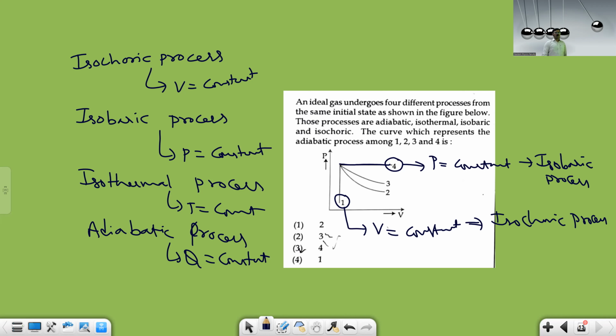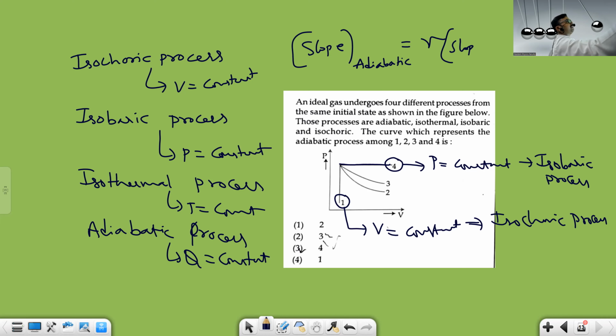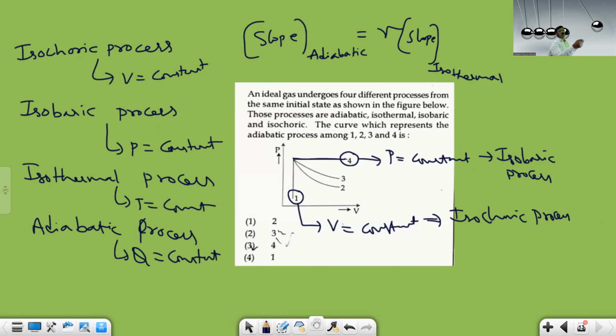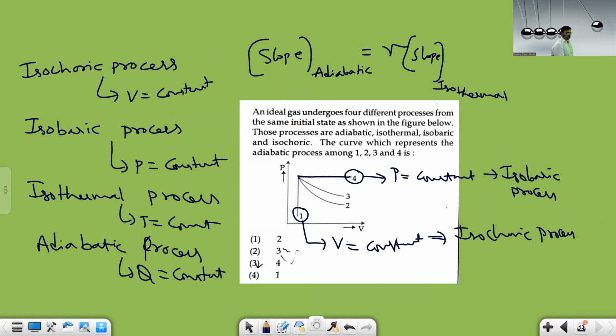Which is adiabatic and which is isothermal is very simple. The adiabatic slope is gamma times the isothermal slope. So the adiabatic curve has more slope.